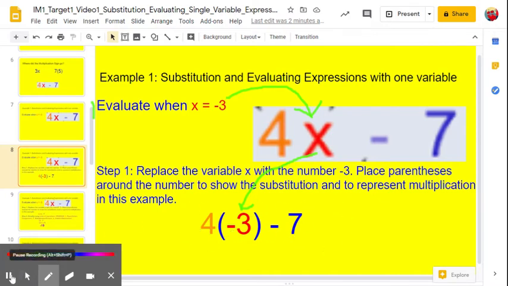What are we going to do next? That's right. Our next step is going to be to simplify and get the value of the expression. And we're going to use the order of operations to do that. Do you recall the order of operations?